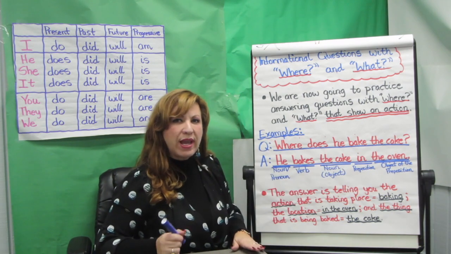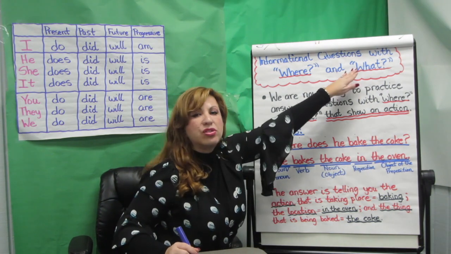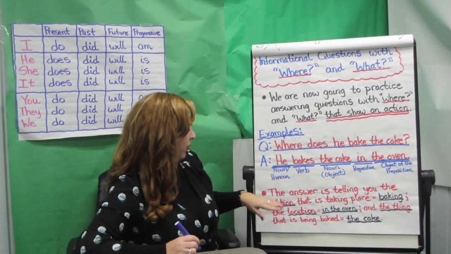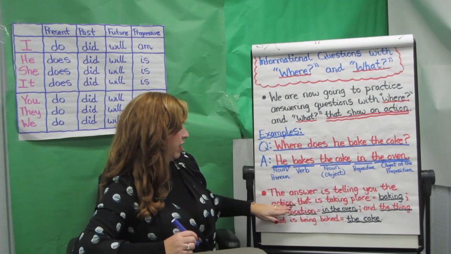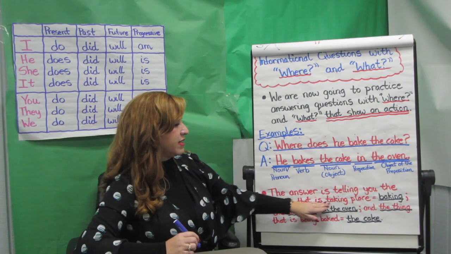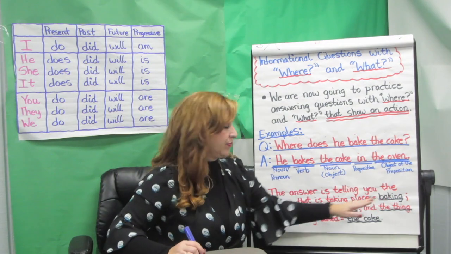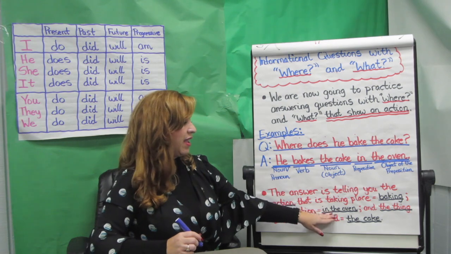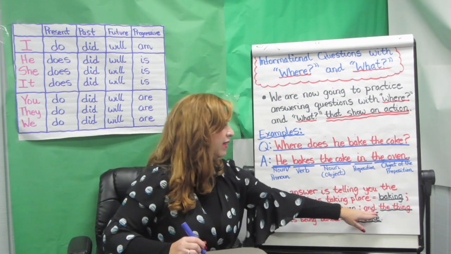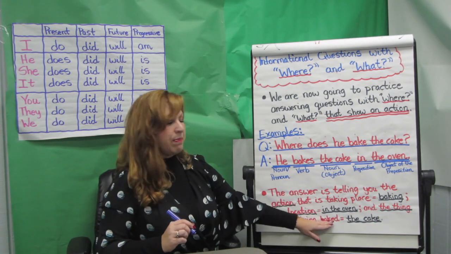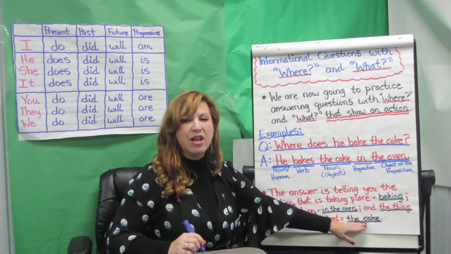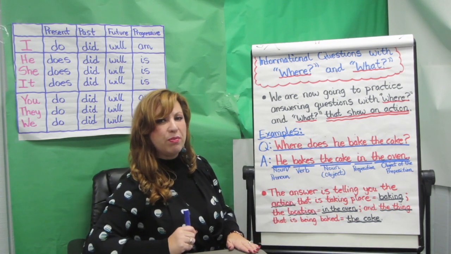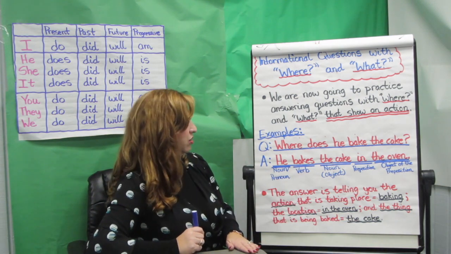So we're also getting a thing, which answers the what. The answer is telling you the action, which in this case is baking. It's also telling you the location, which is in the oven. And the thing that is being baked is the cake.